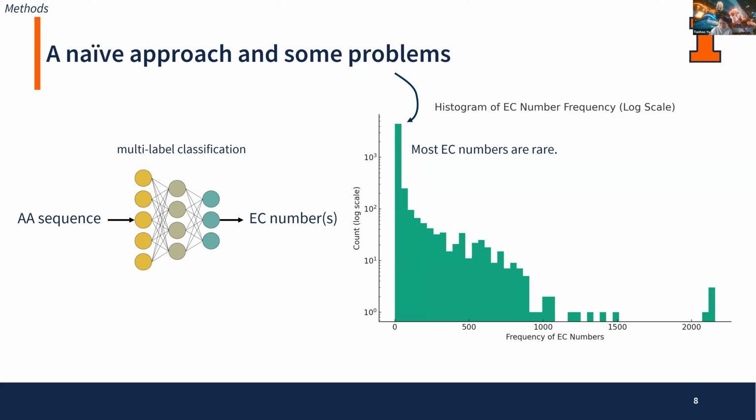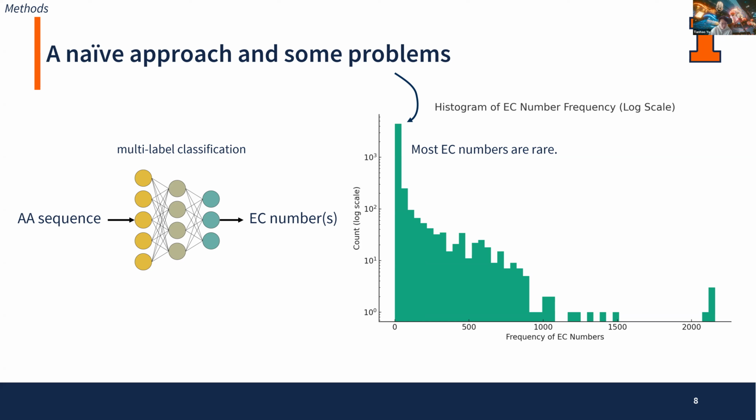Now, the major problem with this is the data balancing issue. On the right, the histogram illustrates the frequency distribution of the EC numbers across the dataset. Essentially, I pulled out all the enzyme sequences from the UniProt database, to be specific, the human-reviewed portion, also named the SwissProt database. In total, there are more than 20,000 enzyme sequences covering more than 5,000 different EC numbers.